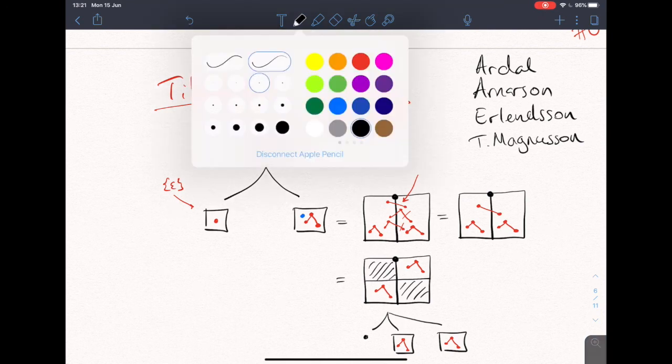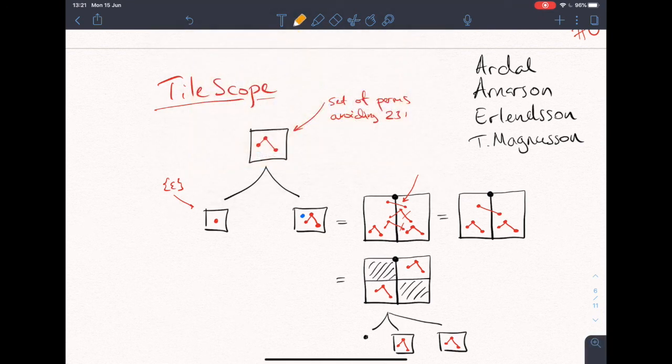And now, like we usually do, let's throw some generating functions into the picture. This is f. There's a single permutation here of length 0, so that's a 1. Let's call this g. And after this gymnastics with g, we ended up factoring g into a point, x, and 2 copies of the root of the tree.